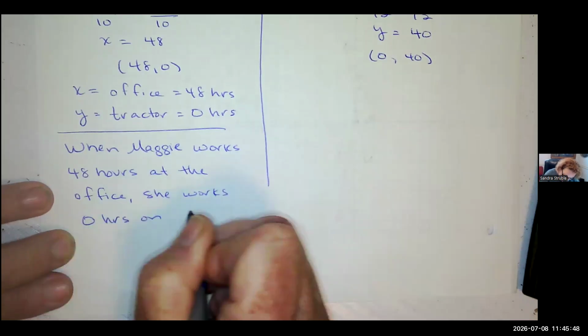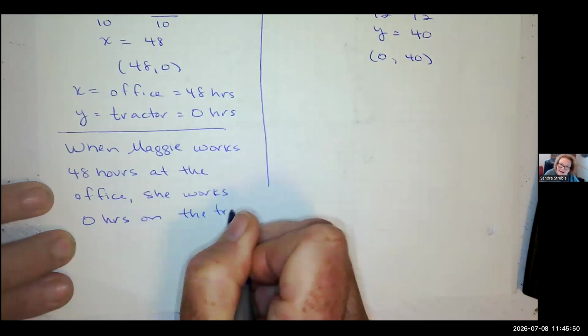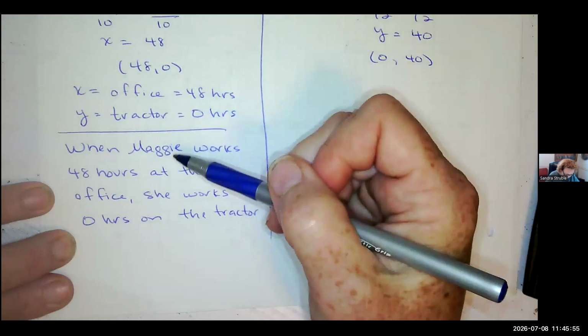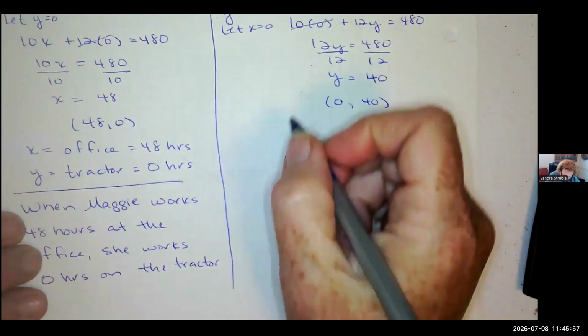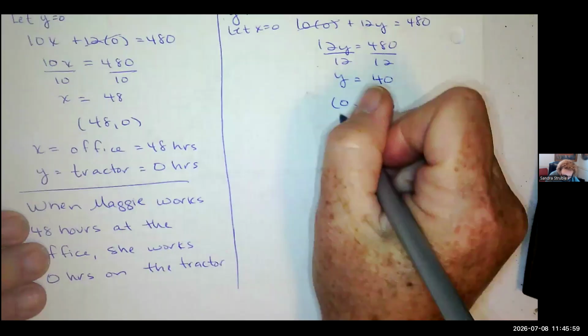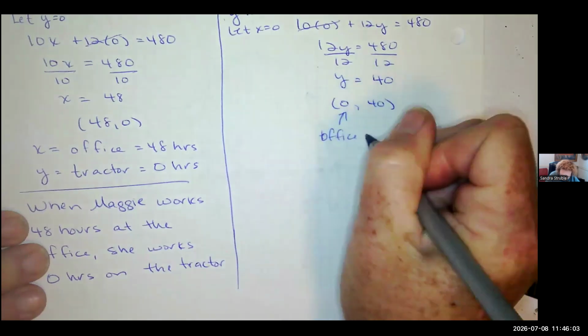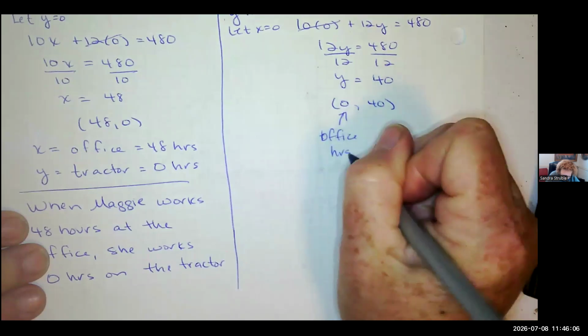That is just what this x-intercept means. Okay, we're going to do the same thing over here. 0 is her tractor time. I'm sorry, is her office time. And 40 is her tractor hours.